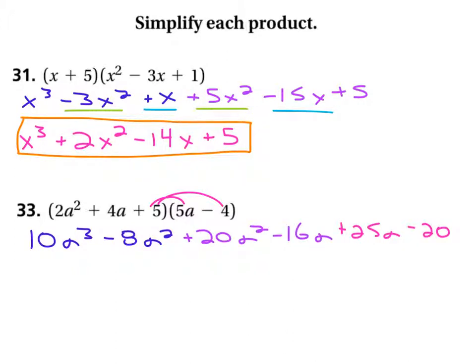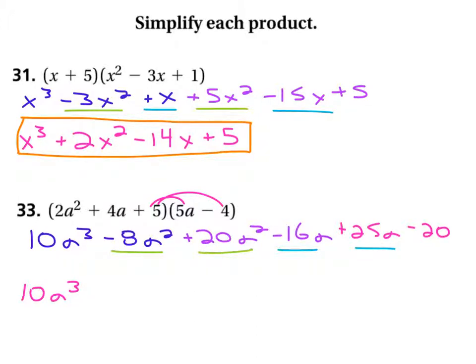Now we've got to see what the like terms are. We've got like terms in the a squared terms, and we've got like terms in the a terms. So we'll put them all together again. We've got 10a cubed.